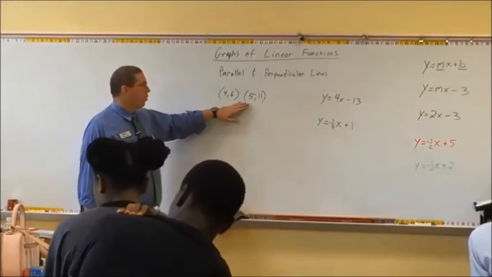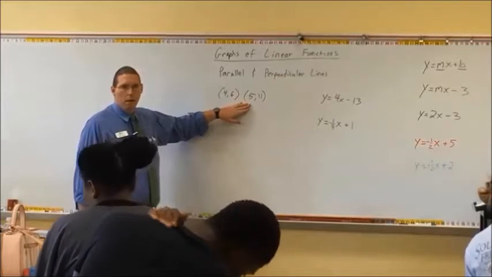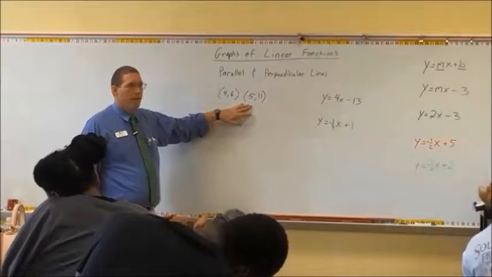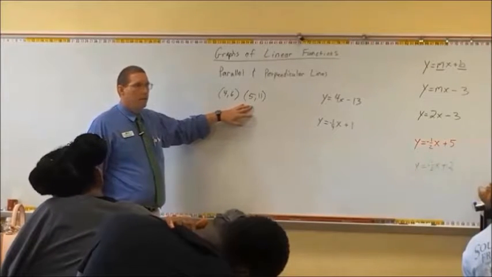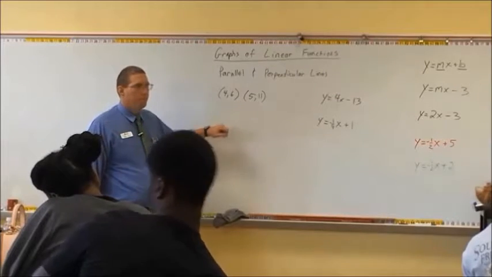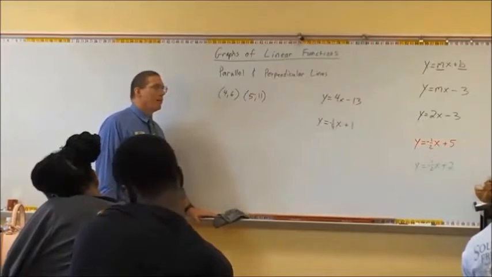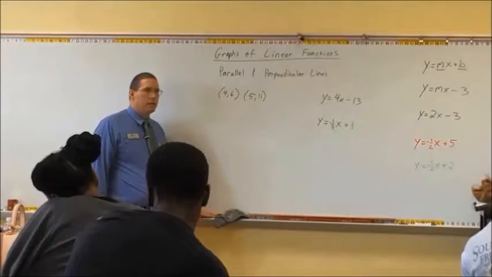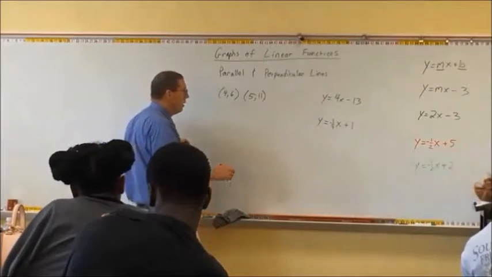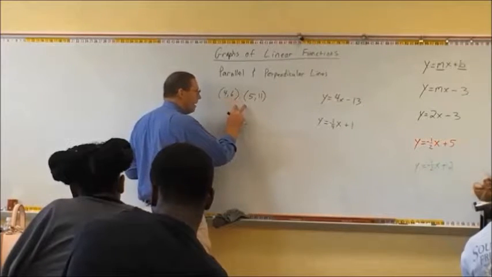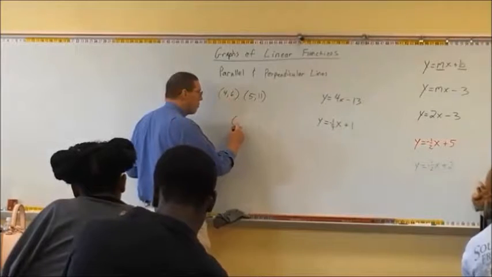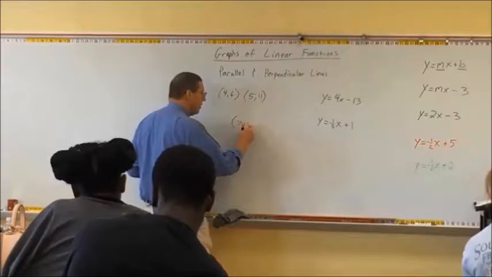I want you to write the equation of this line in point-slope form and in slope-intercept form. And then I want you to write the equation of a line that is perpendicular to this line and passes through the point 7, 10.